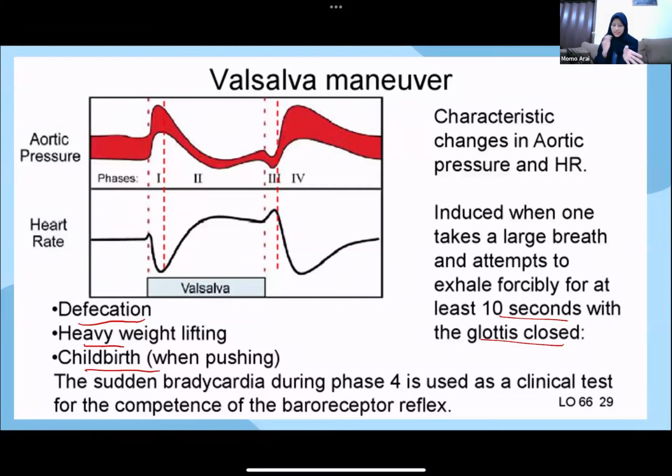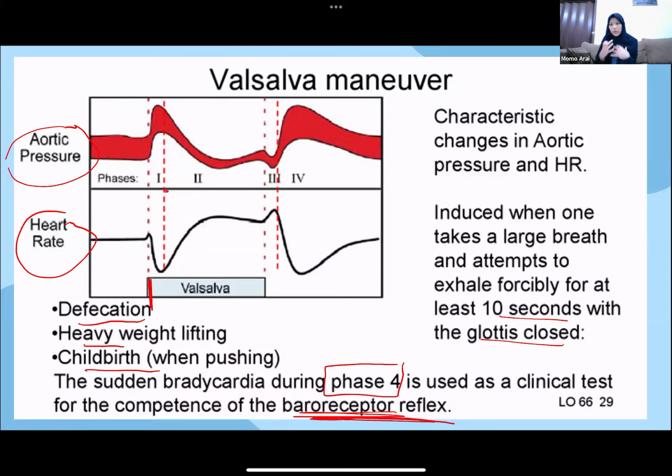The main idea of the Valsalva maneuver that you have to understand is the changes in aortic pressure and heart rate. These change accordingly, and the main player here is the baroreceptor reflex, as you can see here. There are 4 phases in the Valsalva maneuver. When you start Valsalva, you have phase 1.